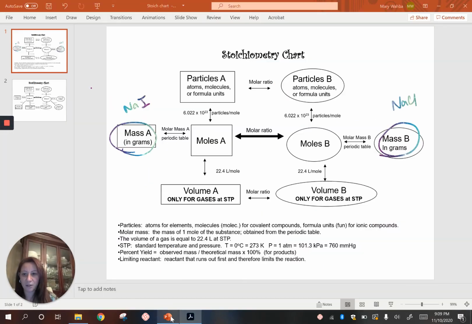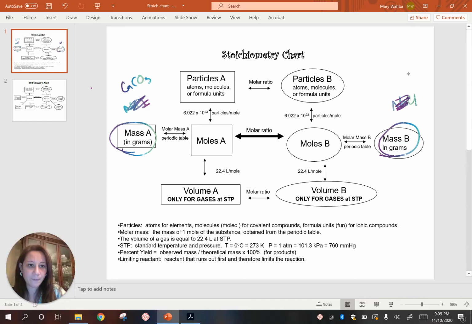Let's look back here. You're given grams of your reactant and you're trying to find grams of your product. This time, my reactant is the calcium carbonate and my product is the calcium oxide. So it's a three-step problem.